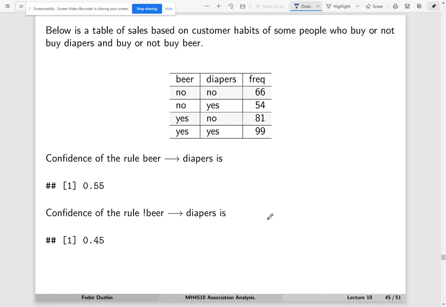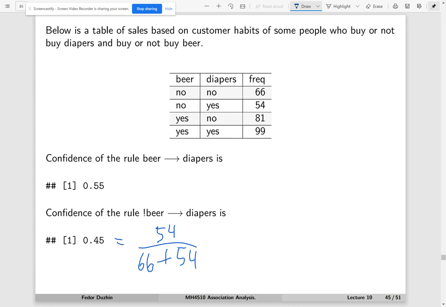So how many transactions are there where they bought no beer but bought diapers? 54. How many transactions are there where they did not buy beer? 66 plus 54. And this is 0.45.